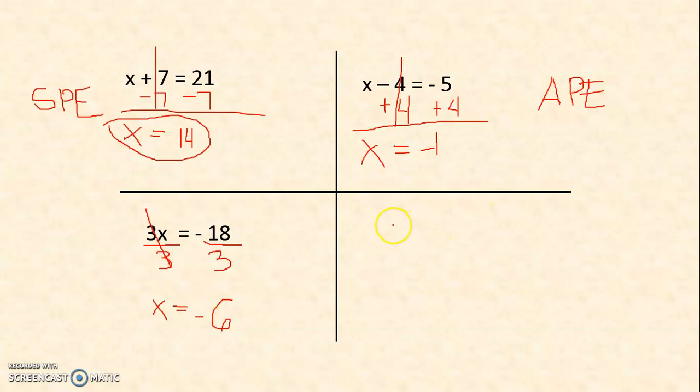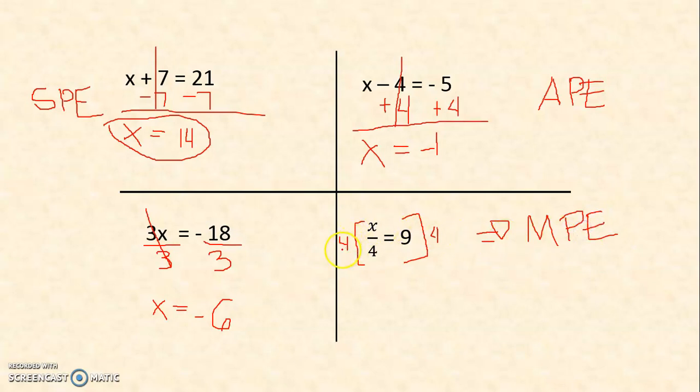Okay? The next one we have here, x over 4 is equal to 9. The operation between x and 4 is division. Again, what is the opposite of division? It is multiplication. So we are going to multiply both sides of the equation by 4. This illustrates the multiplication property of equality.